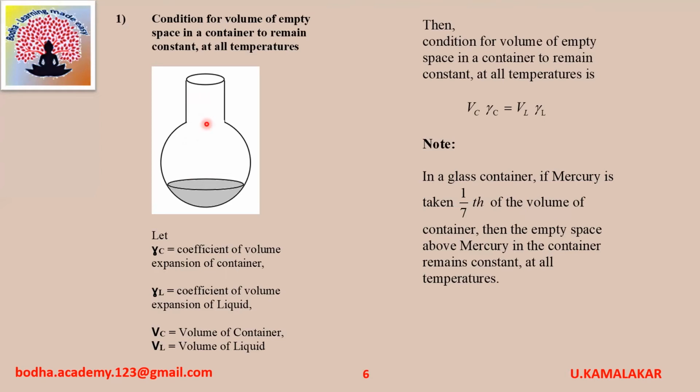On heating, container may expand, liquid may expand, but this volume of empty space will remain constant if Vc into gamma C is equal to Vl into gamma L. Note, in a glass container, if mercury is taken 1/7 of the volume of container, then the empty space above mercury in the container remains constant at all temperatures.